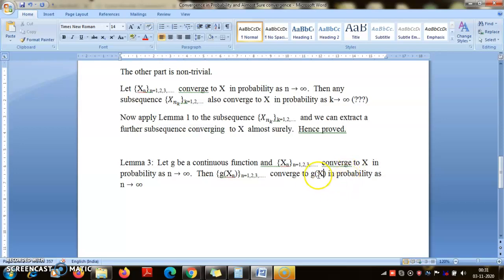proving this is straightforward. Because if I have a sequence of functions on R such that f_n converges to f pointwise and g is any continuous function, then g of f_n is another sequence of functions, and g of f_n will converge to g of f pointwise. So that's straightforward.